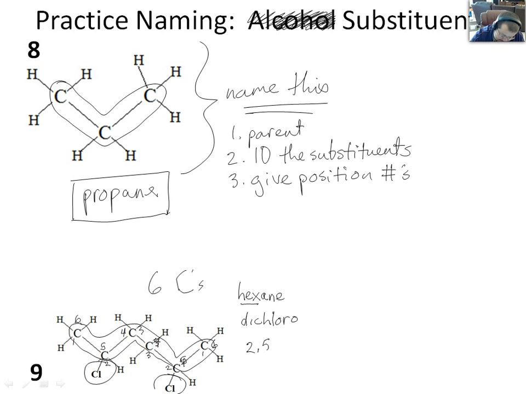In numbering from right to left, I get position numbers of 2 and 5. So it doesn't matter in this case which direction I number in, I still get the numbers 2 and 5. So really it's up to you which way that you number. So I'm going to label this as 2, 5, and that's going to be dichlorohexane.